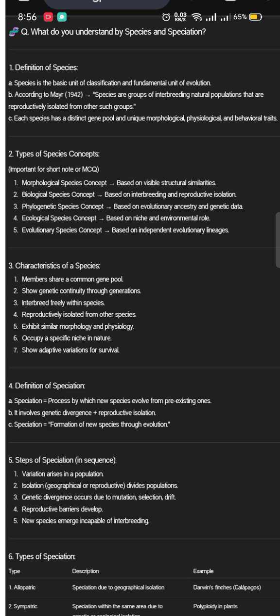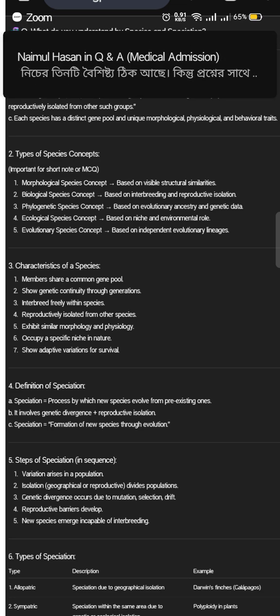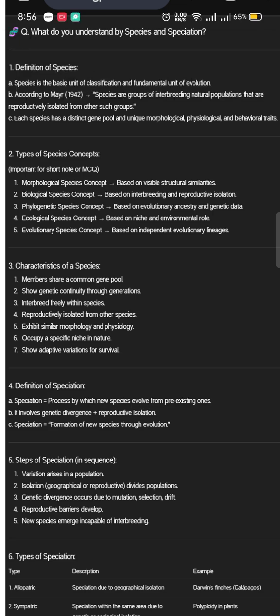Types of species concepts: the morphological species concept is based on visible structural similarities. The biological species concept is based on interbreeding and reproductive isolation. The phylogenetic species concept is based on evolutionary ancestry and genetic data.